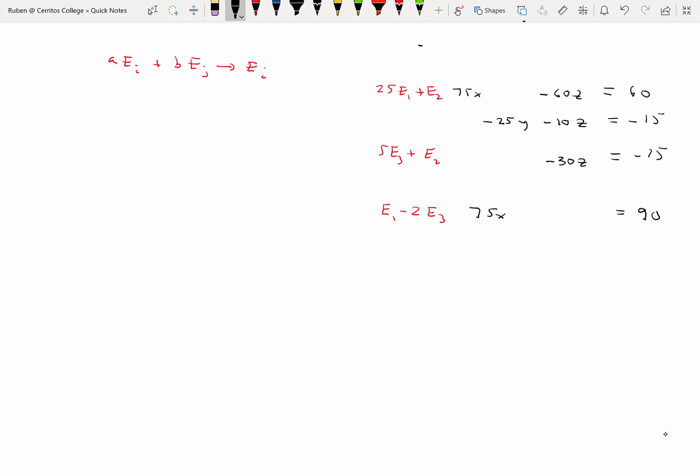So what am I going to do to get rid of the negative 10z? To get rid of the negative 10z, I'm going to take 3 equation 2's. That'll give me negative 30z. And I'm going to subtract equation 3, so it'll be plus 30z, will give 0. Again, stop the video anytime you need to verify this with yourself.